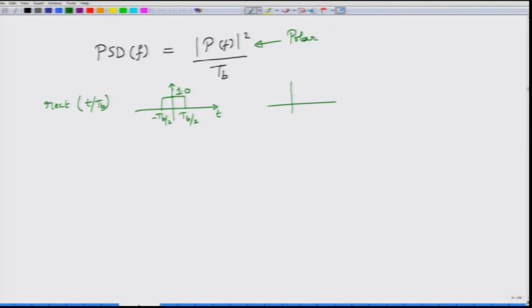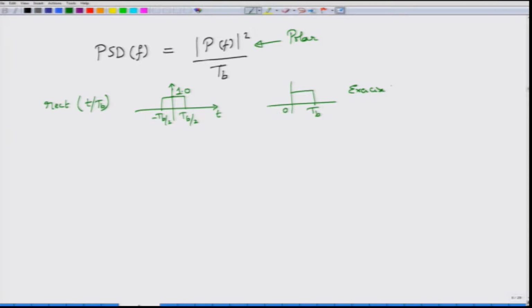If you are not happy with this pulse starting at minus Tb by 2, you can always make the pulse start at t equal to 0 and end at Tb. Mathematically, there is a delay of Tb by 2 here compared to this waveform, and that will translate into a phase factor, but since you are taking the magnitude square, that phase factor will anyway go out.